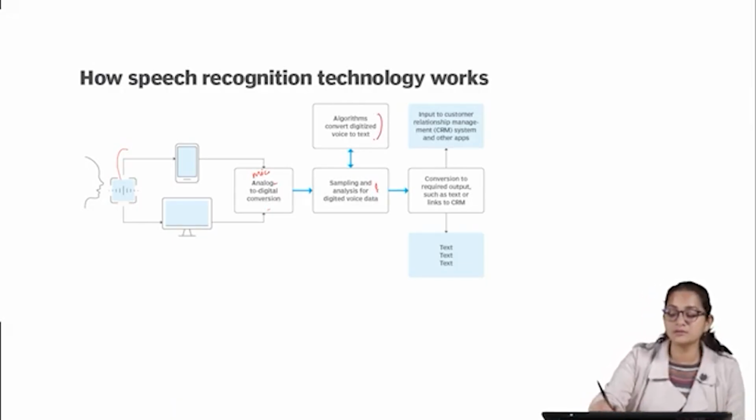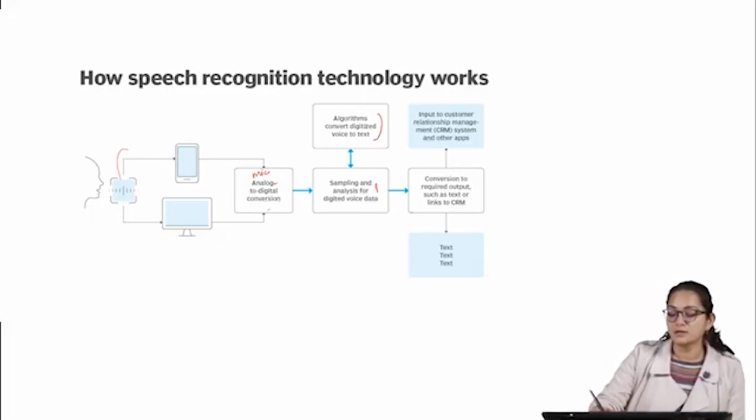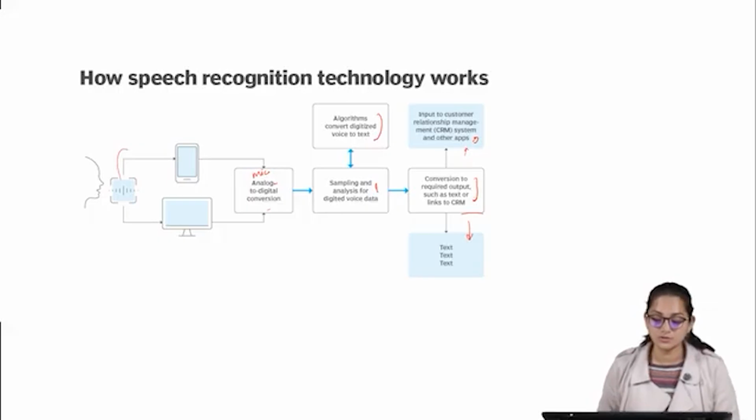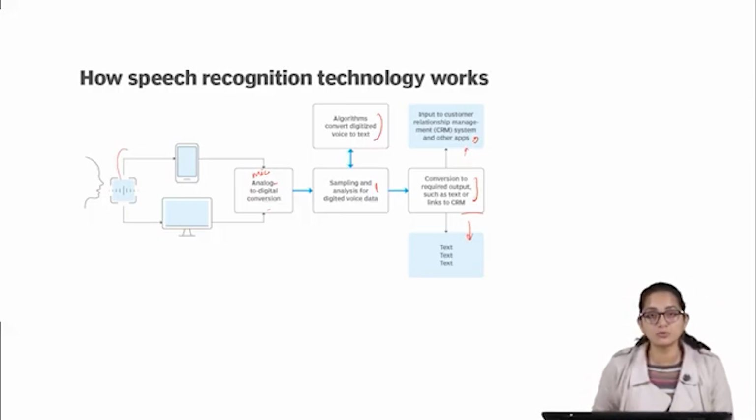Then algorithms convert the digitized voice to text, or, for a command, to the required output, as text or links to CRM. So either it is text or it is customer relationship management systems and other apps. Once it is converted to text, you can use it according to your need.